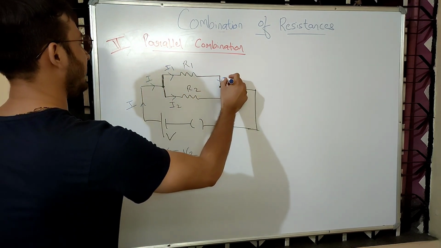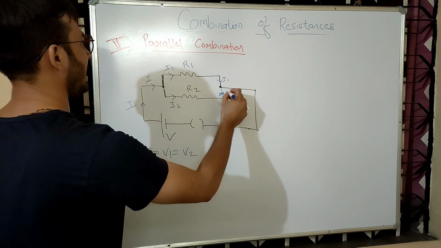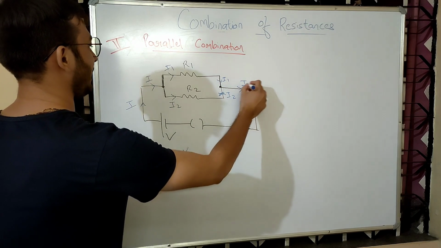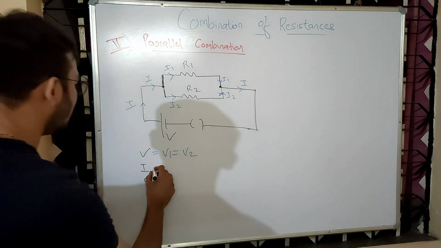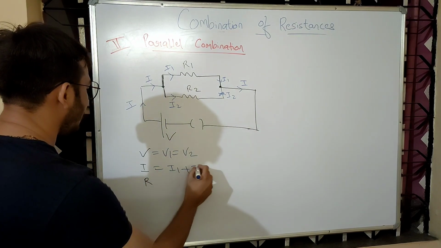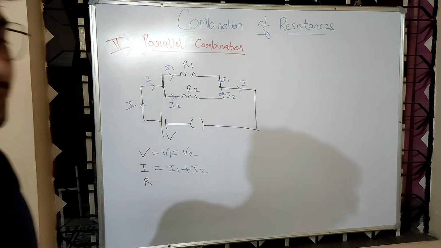And coming here, I1 and I2 will again combine to make I. So I will be equal to I1 plus I2, dear students.